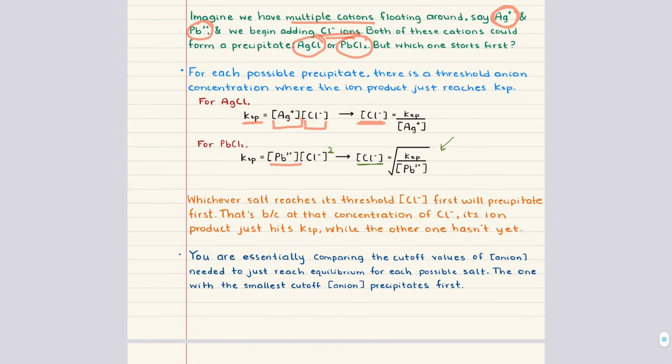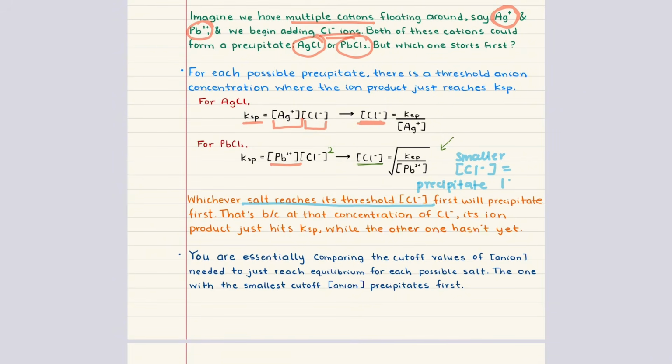So what we're really doing here is comparing the cutoff values of chloride that's needed to initiate precipitation for each salt. The salt that requires the smaller chloride concentration is going to reach its KSP first, and that is the salt that precipitates first. This is the essence of selective precipitation.